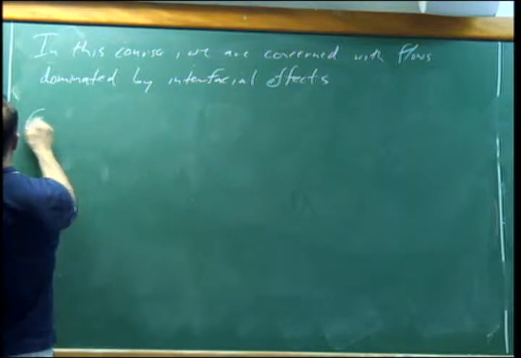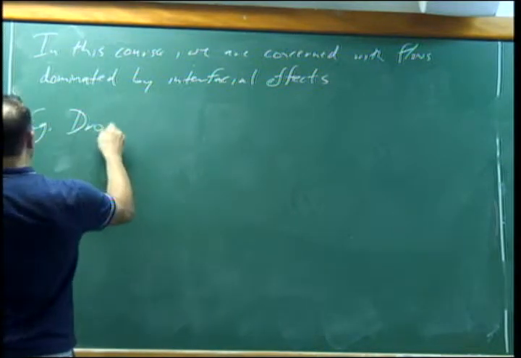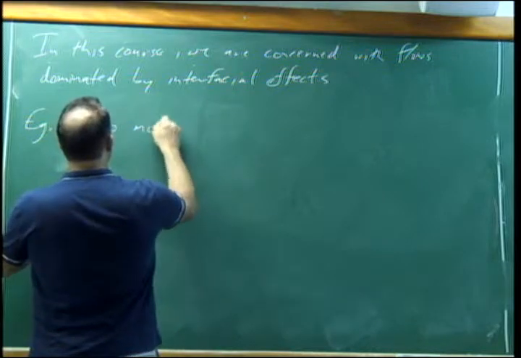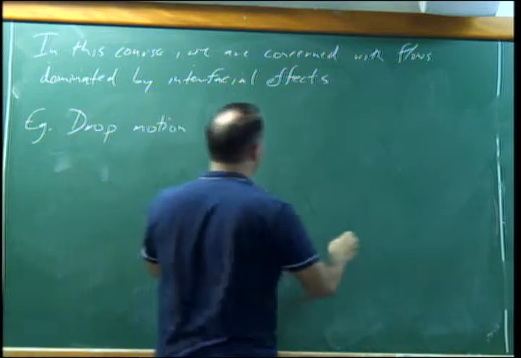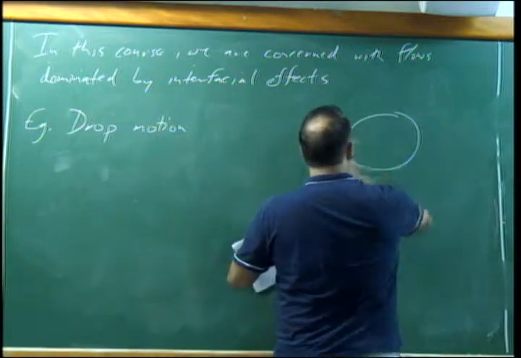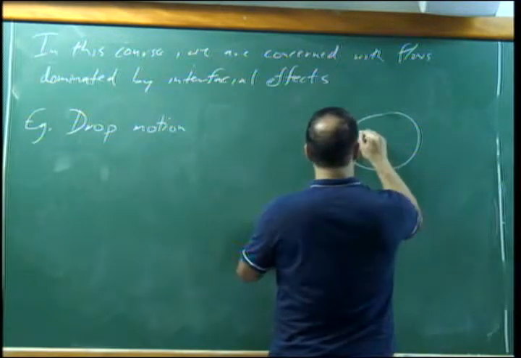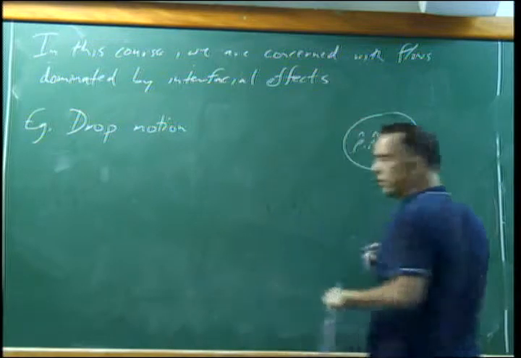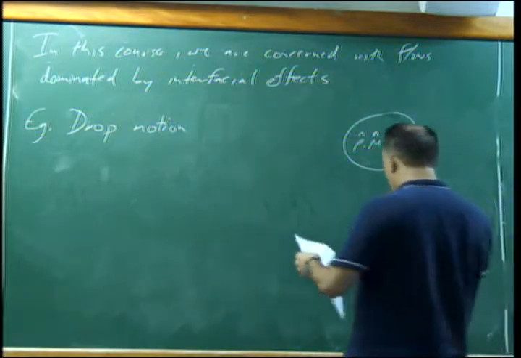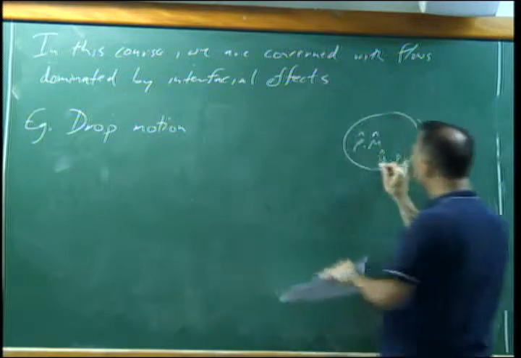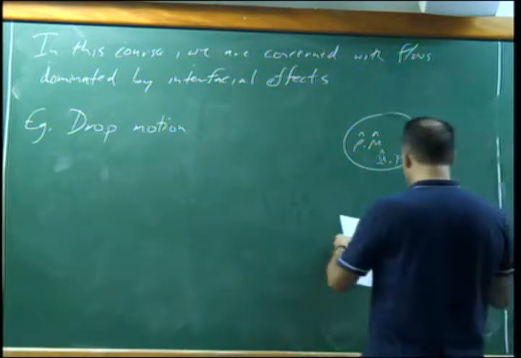Okay, so imagine we have a drop of oil moving in a drop of water. So we have two phases of fluid now. Let's denote the flow inside with carets. So you have a velocity field and a pressure field within the drop, and then another one outside.